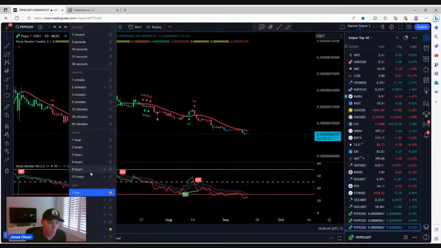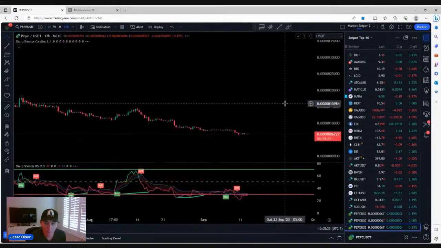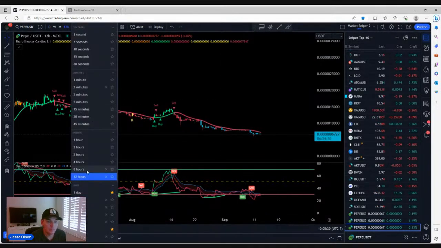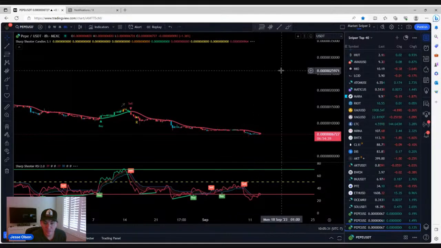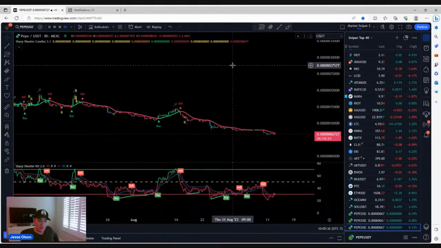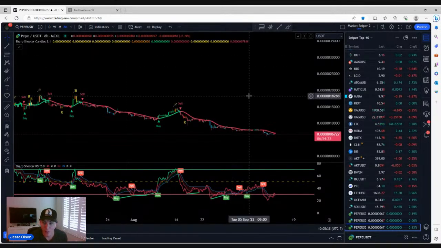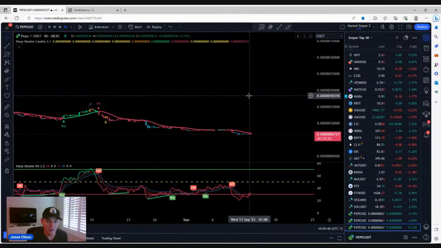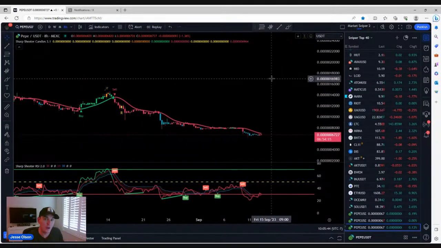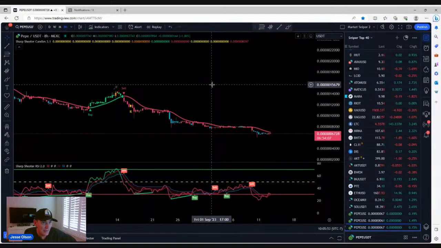Let's see what else. 12 hours: ultra bearish on the 12-hour chart, still really bearish on the 8-hour chart. There's really no signs of life. You'd probably have to drop down to a 1-hour chart to even find it, and at that point you just have to look at the overall trend: the weekly, the daily, the 12-hour, the 8-hour chart. There's not even enough history for the monthly chart. It's all bearish still, so I'm not seeing anything on Pepe.